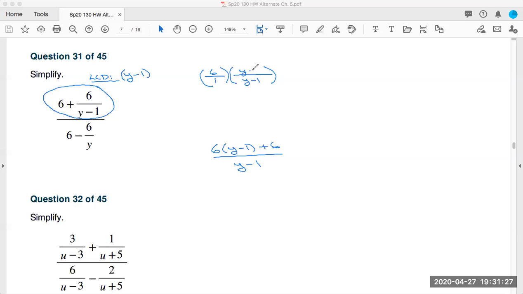You have to do that to the top too. Okay, then you're adding, you have your second fraction, 6 over y minus 1. It already has y minus 1 as its denominator, so you can leave it. And then the next step, just be careful here. This would be a distribution. So you need to leave the 6 out front and leave y minus 1.